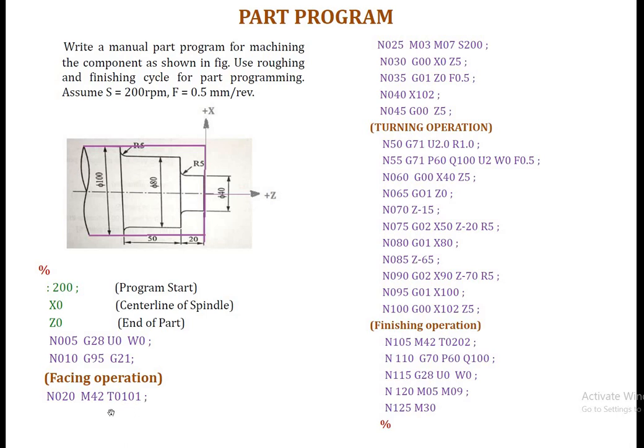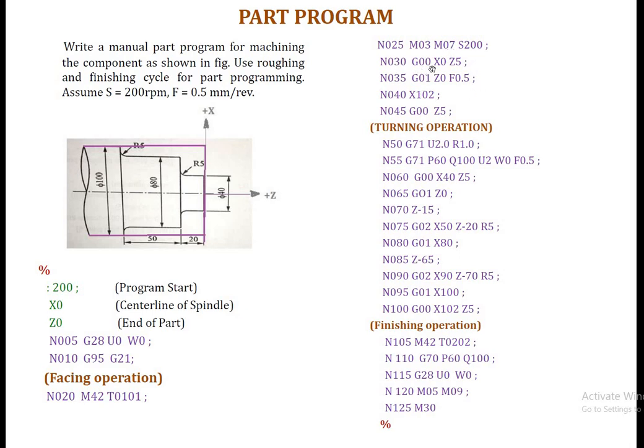T0101 means turret number 1 and tool offset value from register 1. The next block is N025 M03, that is spindle on with a speed of 200 rpm, and M07, coolant on.